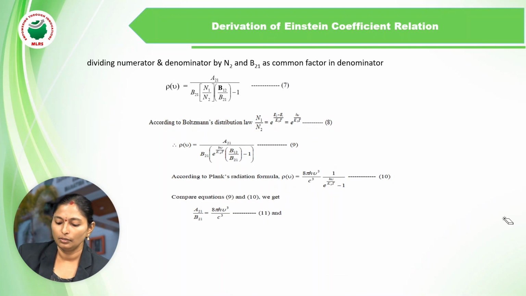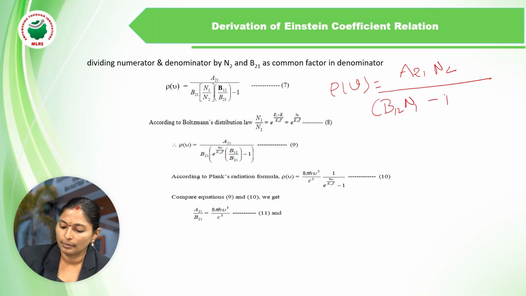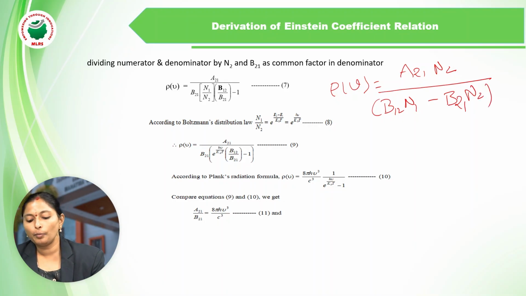So here, as we know, rho nu is equal to A21 N2 by B12 N1 minus B21 N2. Now we are going to divide the numerator and denominator with a factor. How are we going to divide?